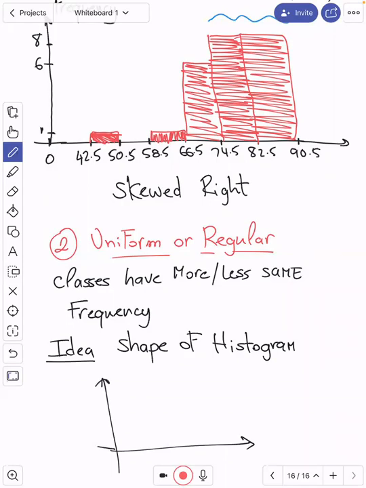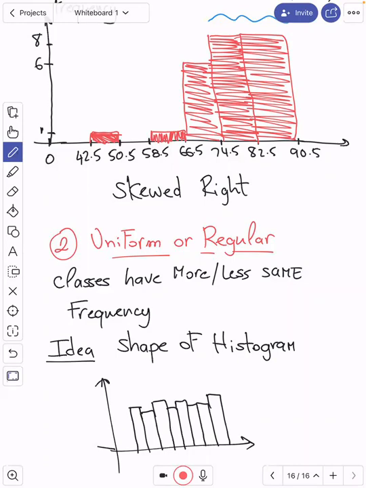As I said, the classes have more or less the same frequency, so the rectangles have more or less the same height, right?